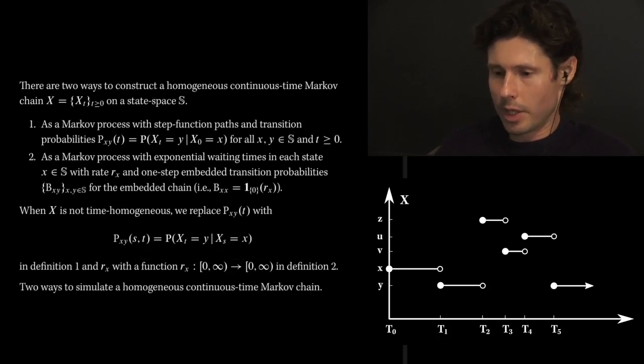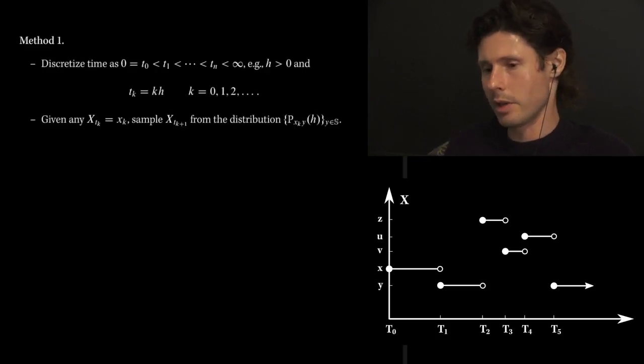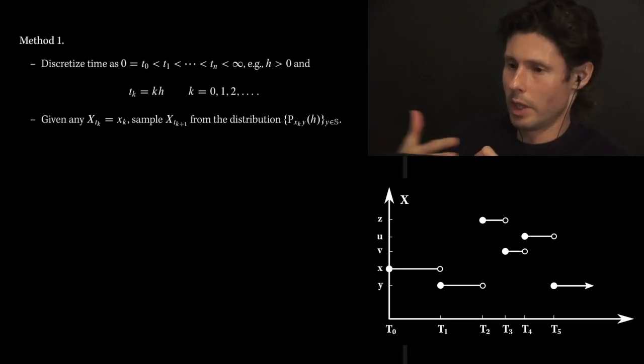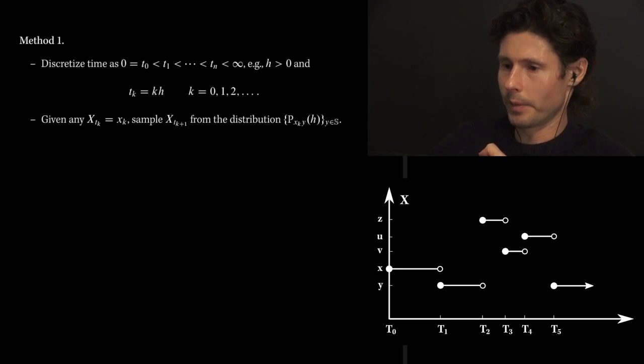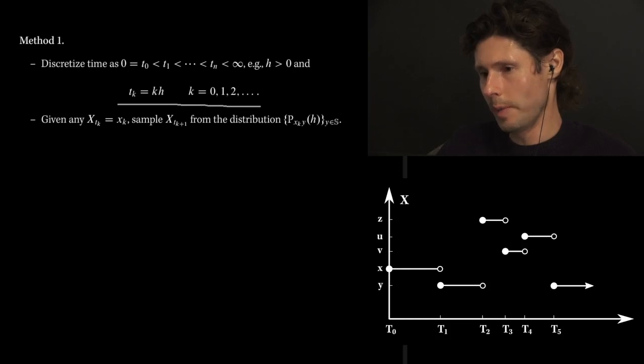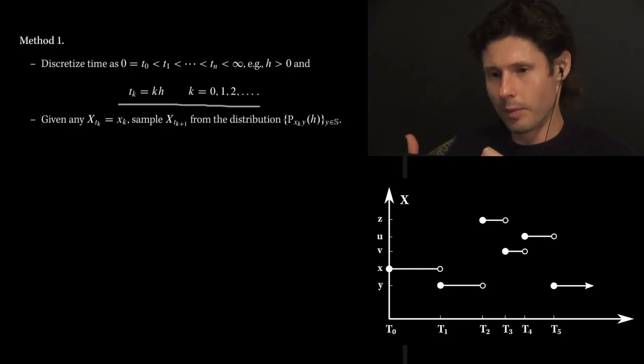And like I mentioned, these two definitions should yield us two different ways to simulate a CTMC. Let's look at how this works. Here's method one. We're going to take time, which is what we start with, and we're going to discretize it. Here, I'm proposing a simple discretization, which is called uniform spacing. In other words, my kth timestamp will be t_k equals k times h.